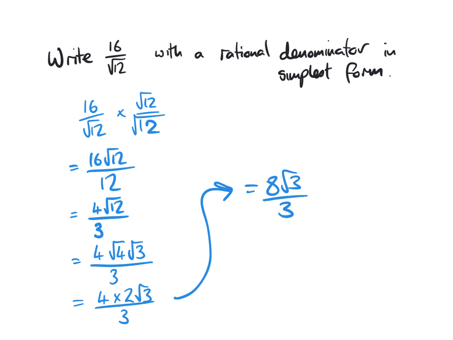So when you're simplifying these, just bear in mind that you need to keep going back and checking, can I simplify the numbers here, the rational parts, and can I simplify the surd? Okay, so at the very end, I finished that, but let's just double check. Can I simplify 8 over 3? No. Can I simplify root 3? No. So that's the question done.